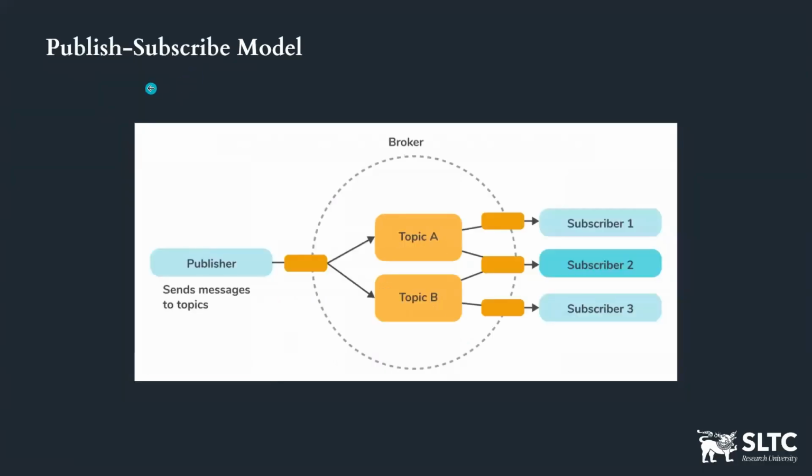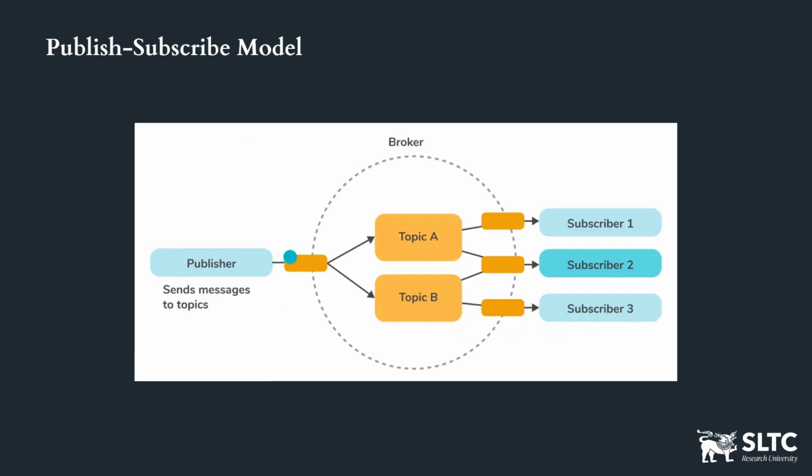Next, publish subscribe model. Can you tell me a protocol that is using that model? Yes, MQTT. So the MQTT protocol is basically using the publish subscribe model, right? In here, the publish subscribe functions are done, and the clients can behave as either a publisher or a subscriber, depending on the task.